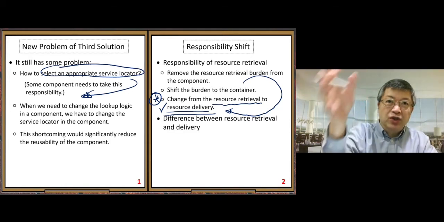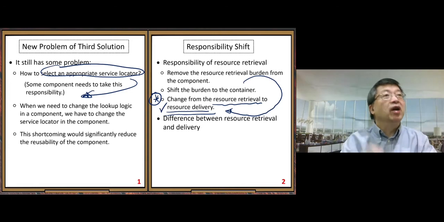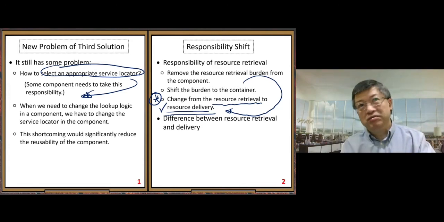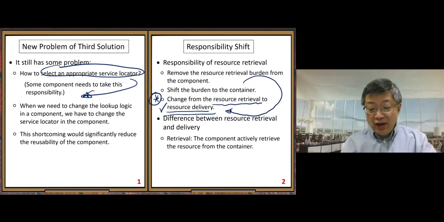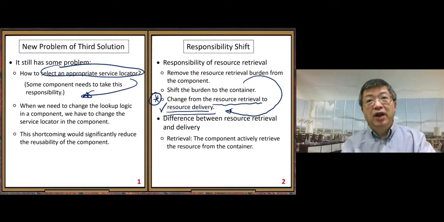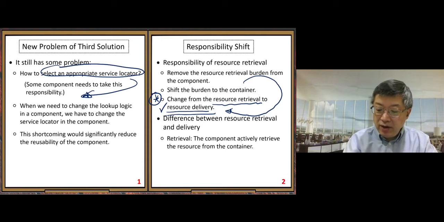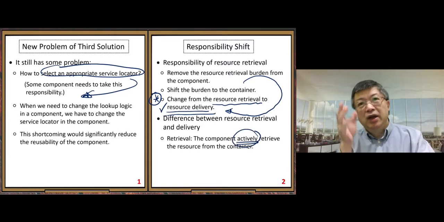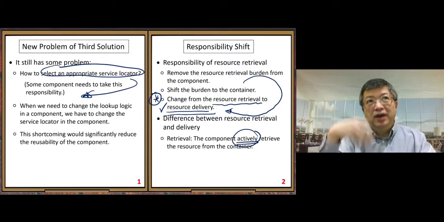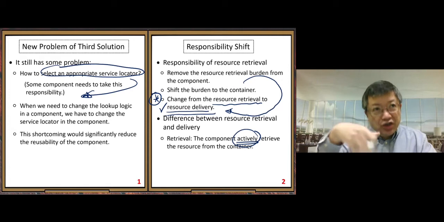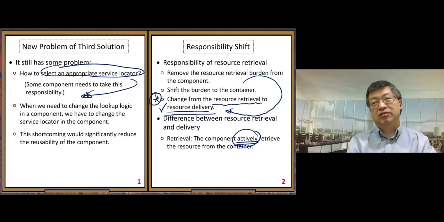The difference between resource retrieval and resource delivery. What's the main difference? Big difference. First, for retrieval, the component actively retrieves. Remember, I used this word before: actively, it initiates the action.